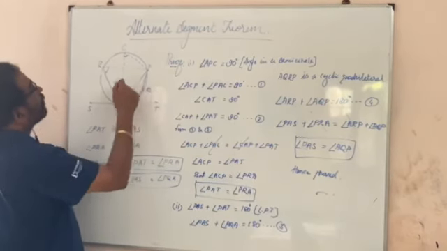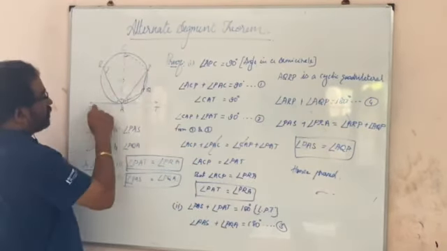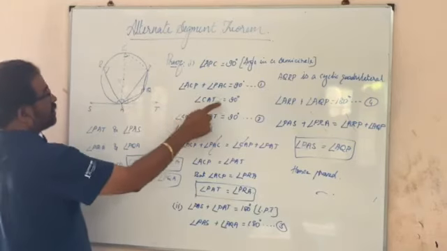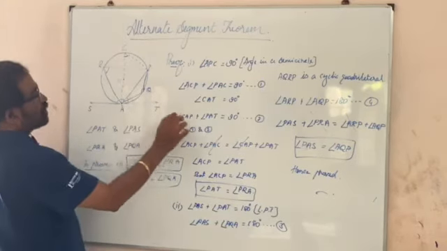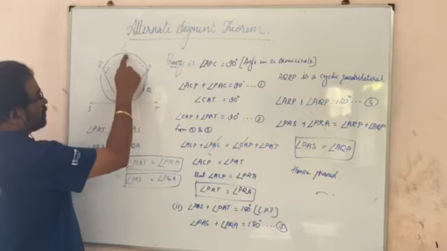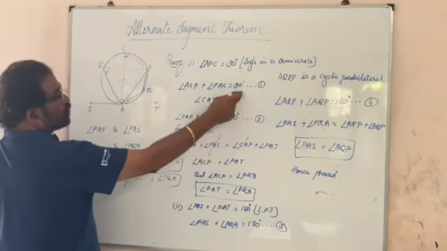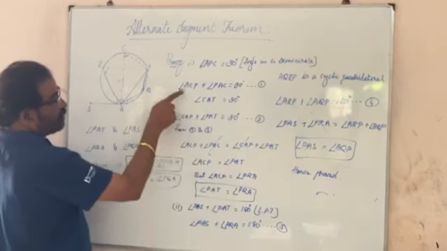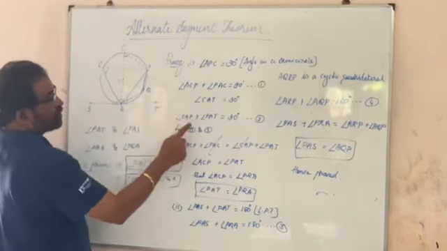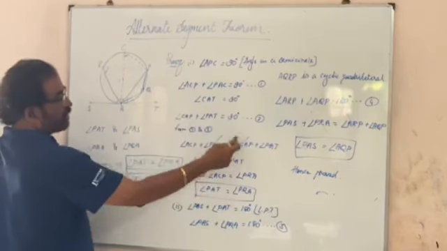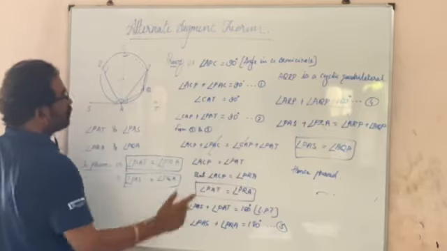Again, the angle between the diameter and the tangent is 90, that is CAT is 90. We split this CAT into two, that is CAP plus PAT, and these two are equal to 90. So from 1 and 2, the sum of these two angles is equal to the sum of these two. The common angle we cancel, and so we get ACP is equal to PAT.